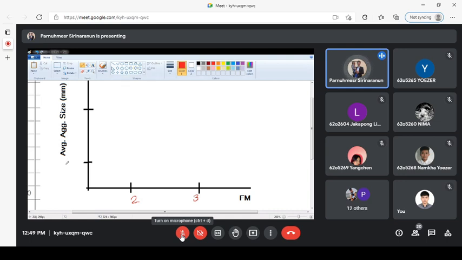And what is the average aggregate size retained for finite equal to 2? Yes, 0.450. For number 3, yes, 0.8900.